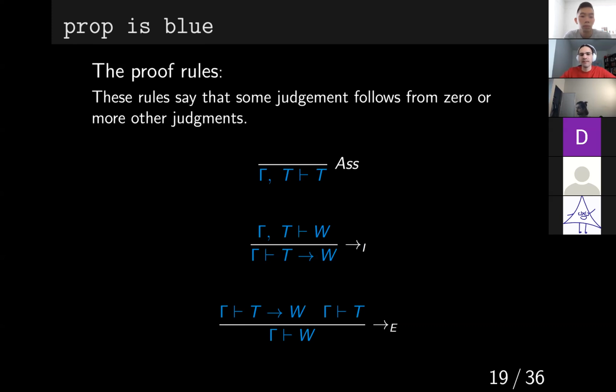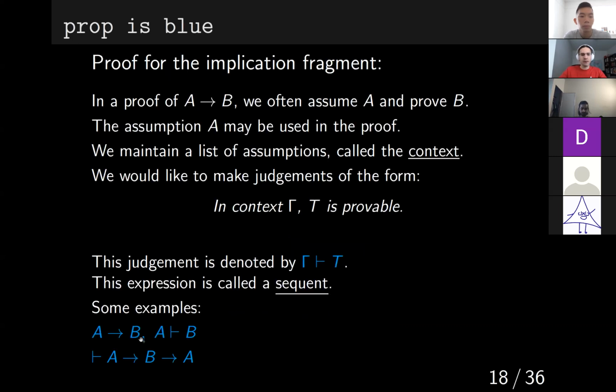Anyone? What is the purpose of the comma? Right. So you can see on the slide before, for example, in the first example, my context was A implies B, comma A. So if I have multiple assumptions, I'll separate them by a comma in the context.